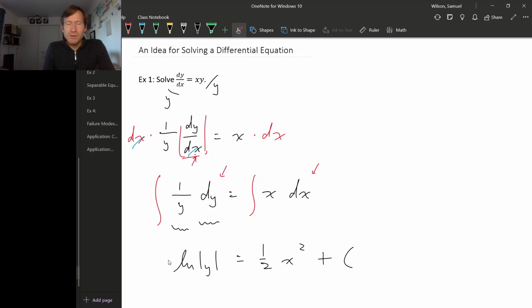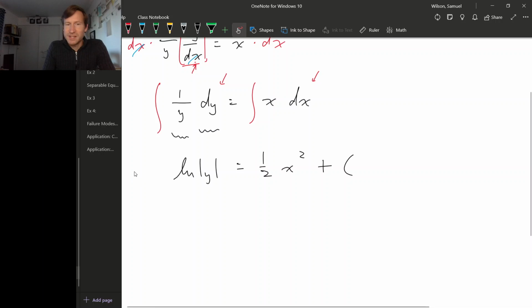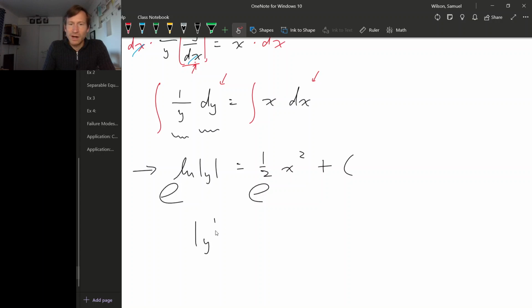Okay, now we need to finish solving for y. So we need to unpack the y from this natural log, so let's exponentiate like this. So we get the absolute value of y is equal to e to the 1/2 x squared plus a constant.